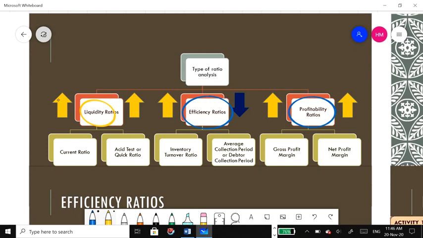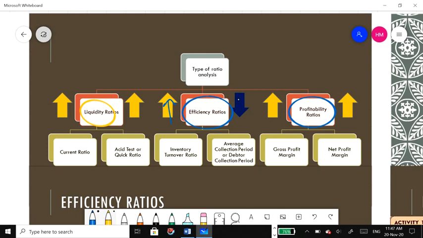Untuk efficiency ratio, the inventory turnover ratio pun, the higher the inventory turnover ratio, the better the performance of the company. However, untuk average collection period, the lower the average collection period, the better the performance of the company. Ni je, the lower the better. Yang lain semua, the higher the better.